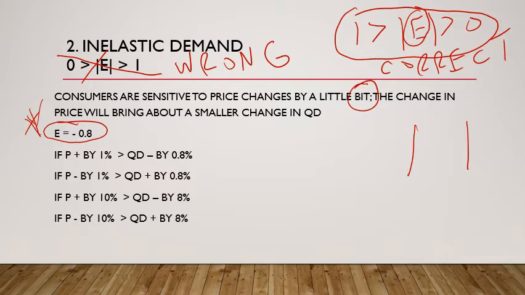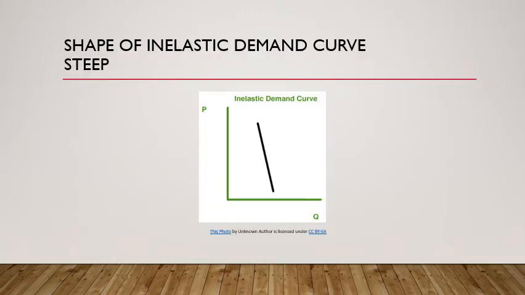I have 2 more slides which follow. Shape of inelastic demand curve. It's steep as opposed to flat. More precisely, it's relatively steeper. All right, so what exactly does that mean?